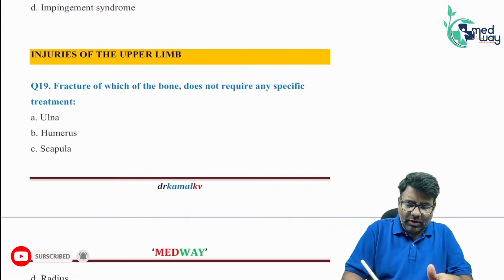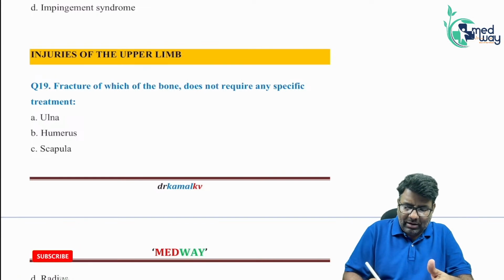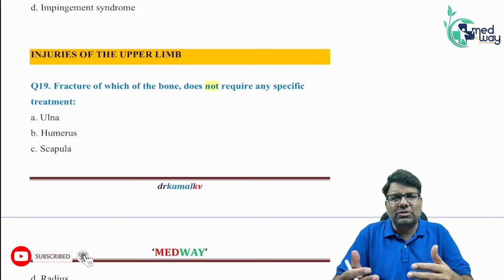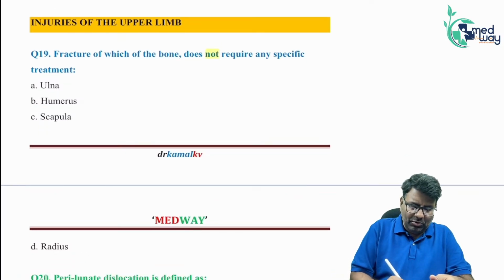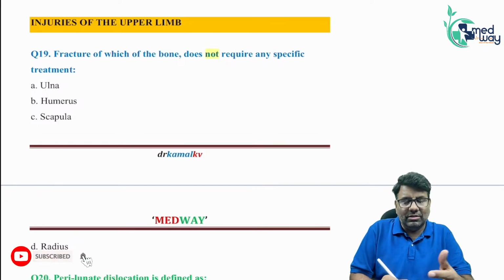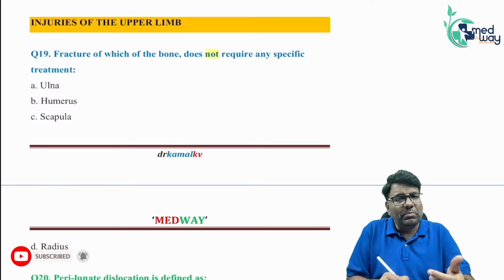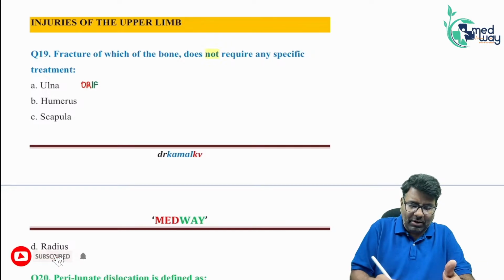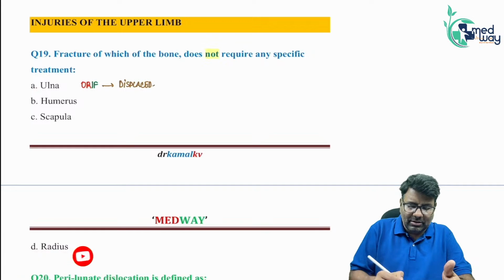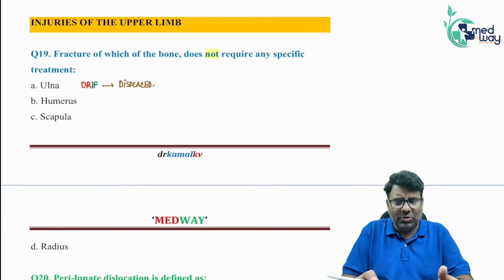Then moving forward, which fracture of the upper limb does not require any specific treatment? Simply you need to give a cuff and collar sling, and that's enough. For fracture ulna, if it is undisplaced, we will give a POP cast, but if it is displaced, we need to do open reduction and internal fixation. This is done for displaced fractures, especially in adults. Undisplaced, you can simply give a POP cast.